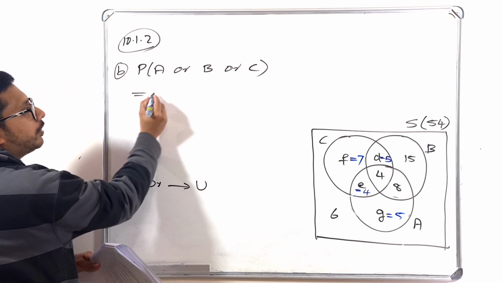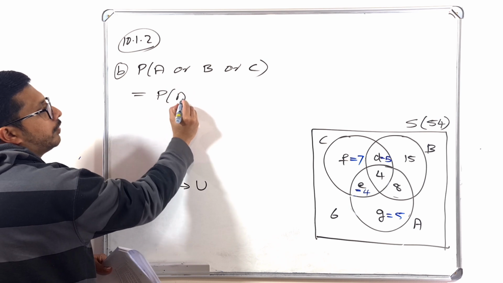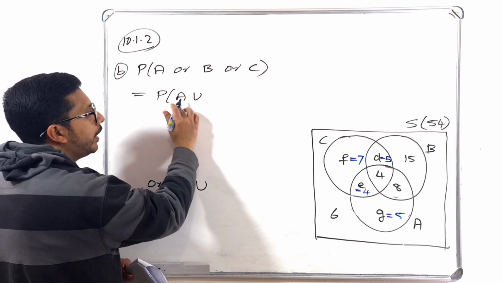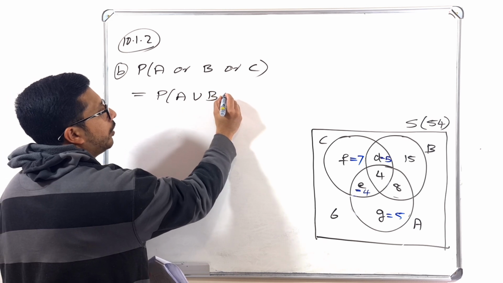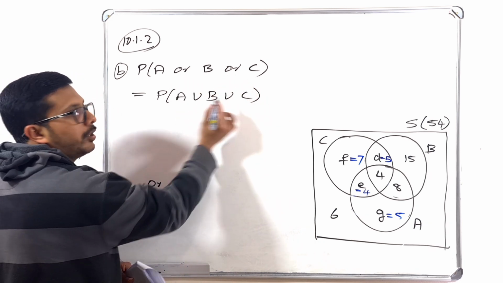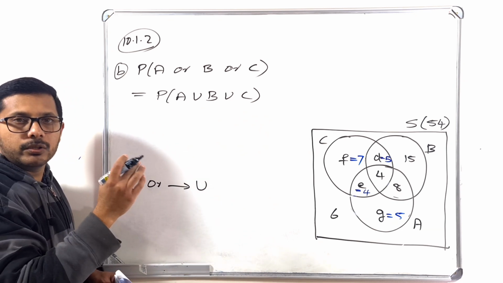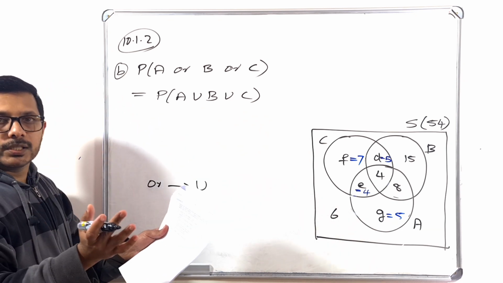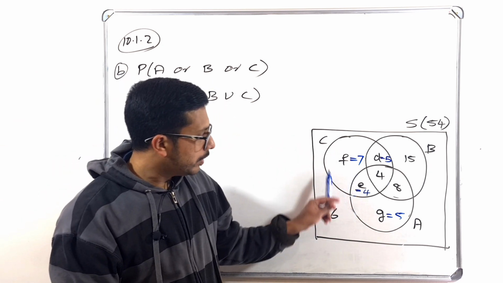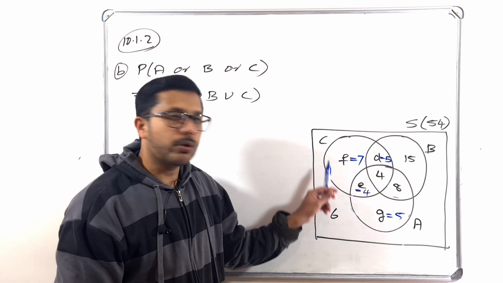Let me write this one. Probability of A, what does OR mean? Union. All of that. A union B union C. OR is the same as union. Union means you have to take all of A, B, C. So it means inside all of these A, B, C circles, total how many?